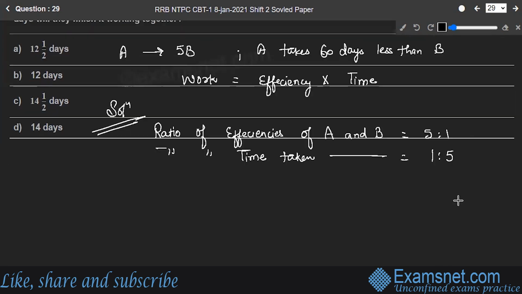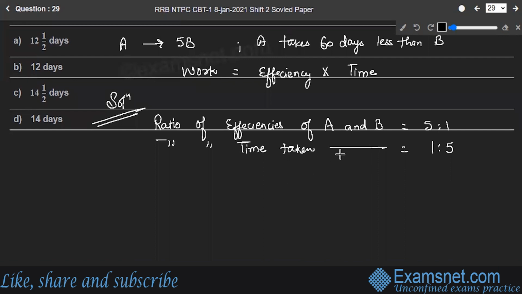Now, as per the question, the time taken by A upon B is 1/5. That means B takes 5 times the time A takes. Hope you got this thing. B takes 5 times the time taken by A to complete the work.